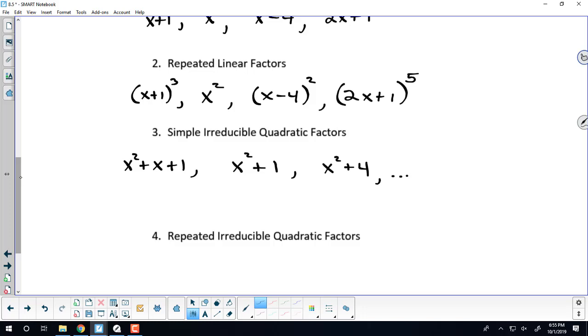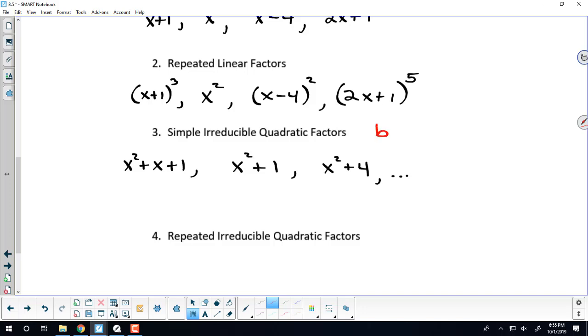If you were asked to solve the equation x squared plus 1 equals 0, what would your solutions be? Yeah, they're not real solutions, right? You get imaginary solutions. So that's how you know your quadratic's irreducible, if it has imaginary zeros. And the quick way to do that is to look at the discriminant. Do y'all remember that, the discriminant?